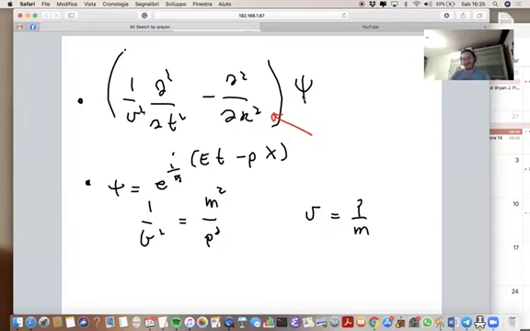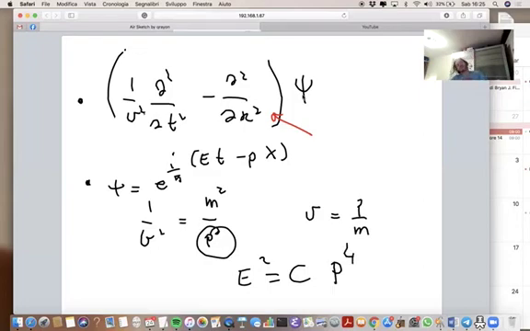However, if you do that here, when you drop down the equations, then you get an extra power of p squared, and you get energy proportional to p to the fourth, which again is consistent with energy proportional to p squared. So it looks like the wave equation is giving you the right result if you put the p squared down here. True, but this is completely incorrect.